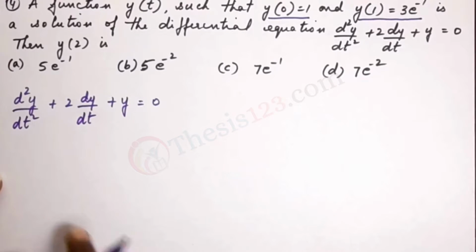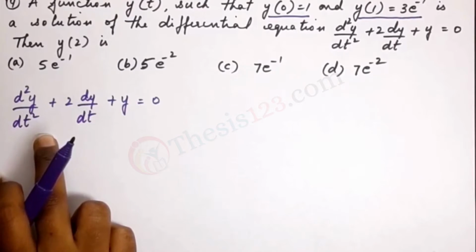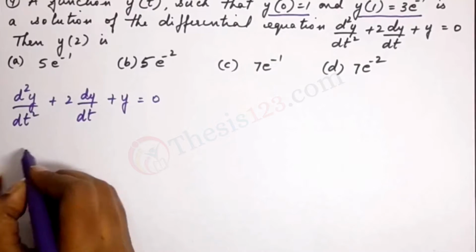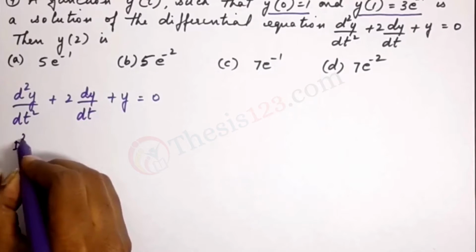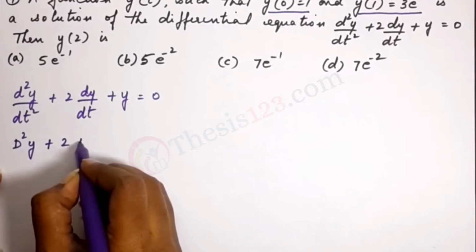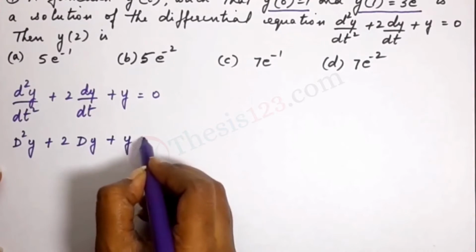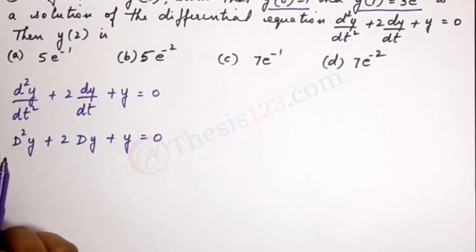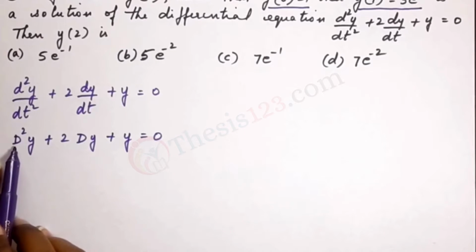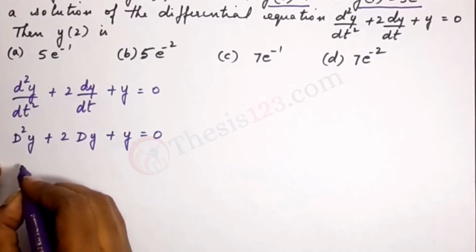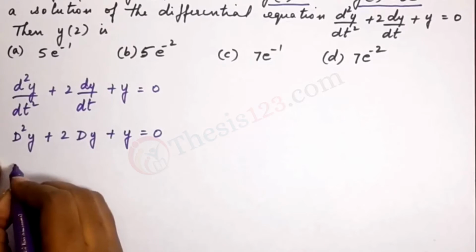So the next thing we do is write this in the operator form, which would be D square y plus 2 Dy plus y is equal to 0. What I've done is written d by dt as capital D. Now let's take y common.